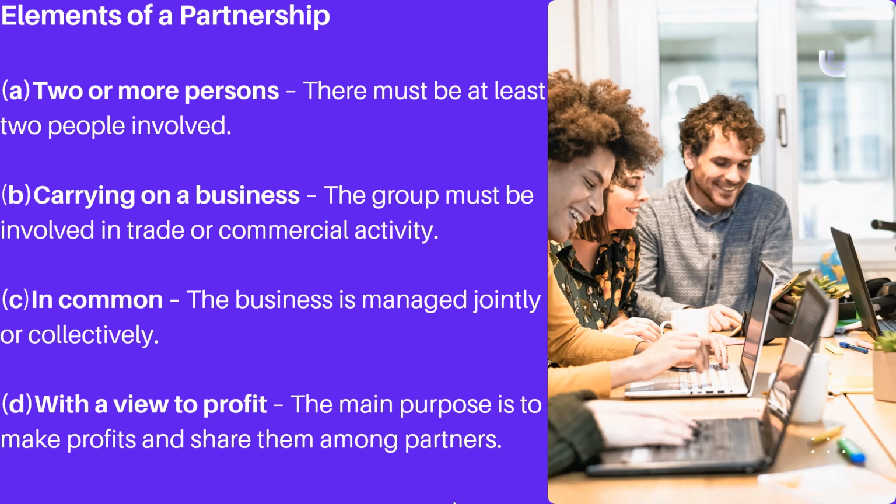And then finally, as we said in our definition, the key objective or main aim is to make profit. And once we make profit, we can share the profit among the partners.